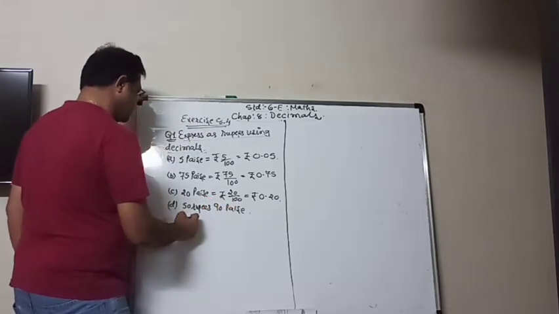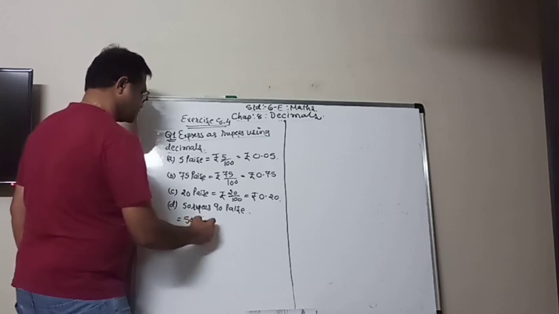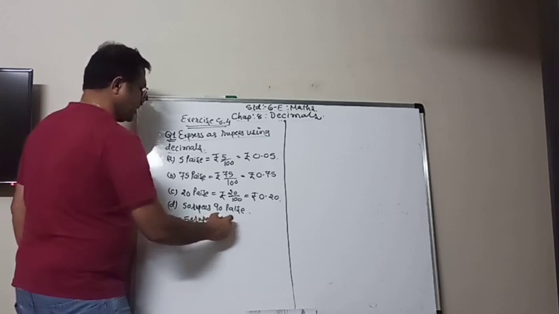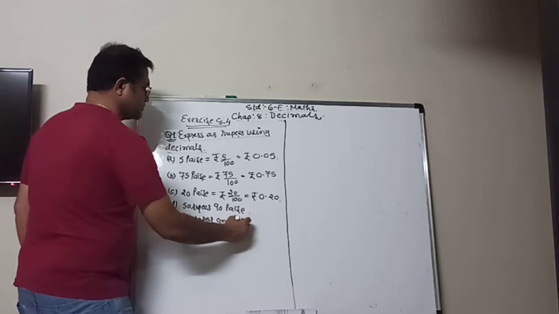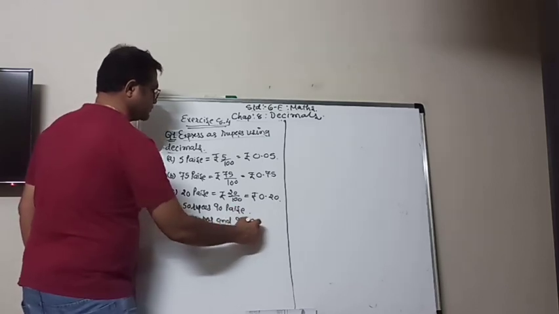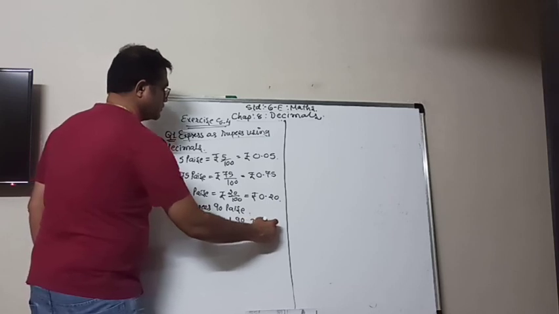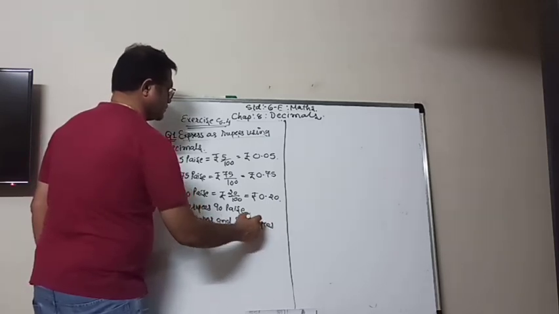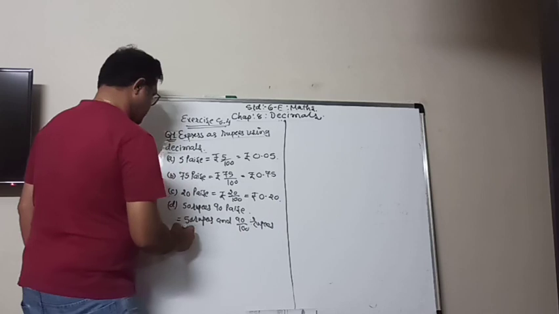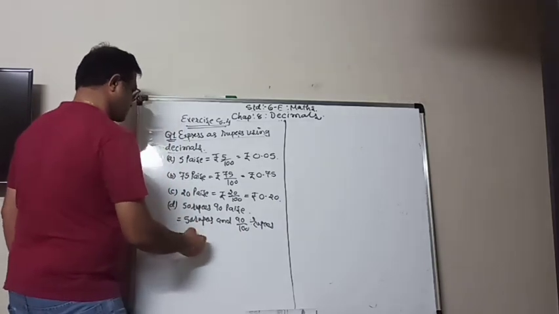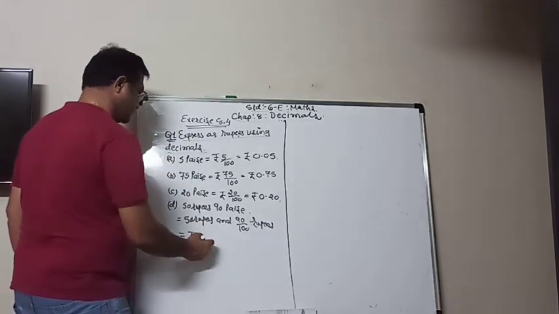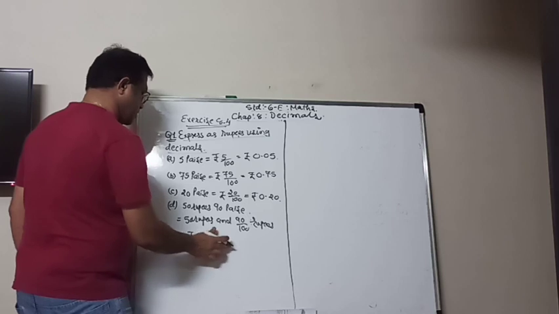So that is equal to 50 rupees and 90 upon 100 rupees. And that is rupees 50.90.